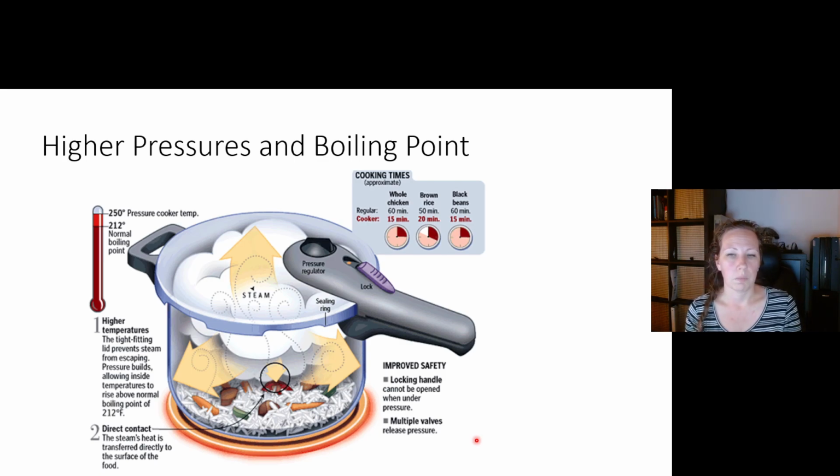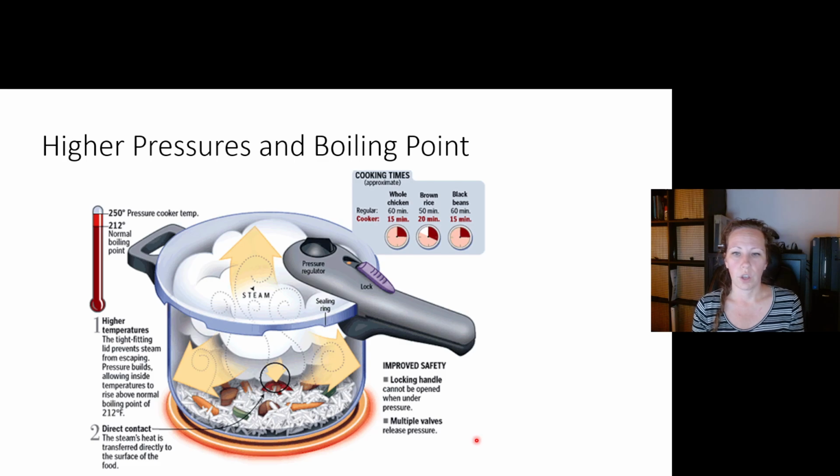This is a way for us to cook using water at a higher temperature by altering the boiling point, and also capturing the steam. Since at lower pressures water boils at a lower temperature, at higher pressures it's going to boil at a higher temperature.